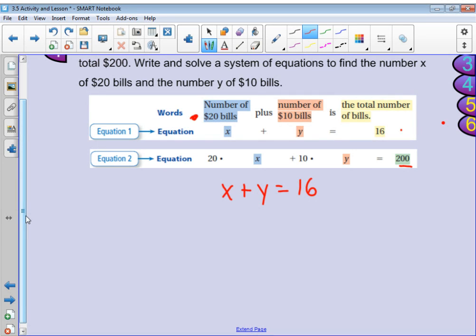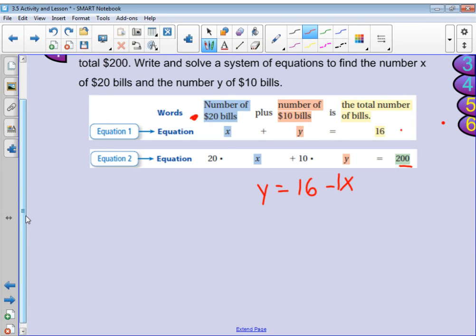And then in order for us to get that into y-intercept format, which is what we have to be able to do our system of equations, we would have to get X out of there. So right now it's a positive X, so minus X. So our first equation is Y equals 16 minus 1X.